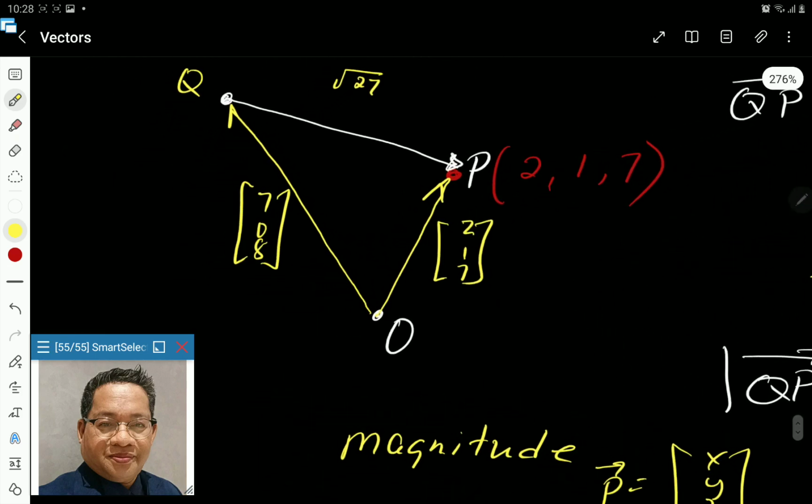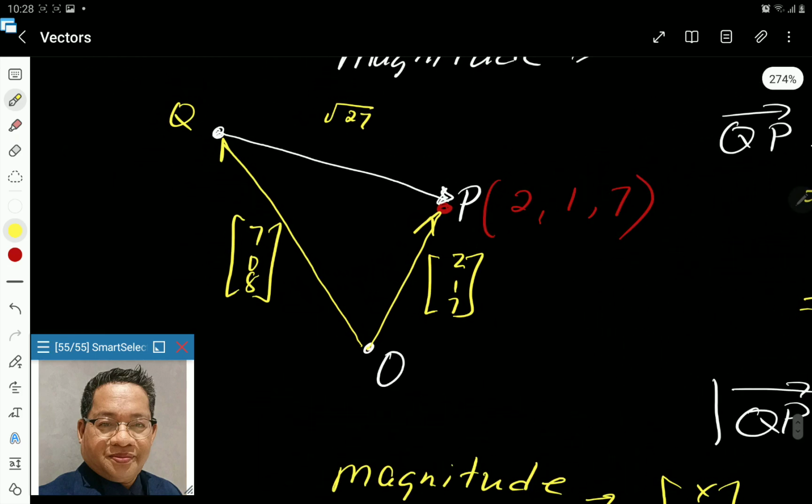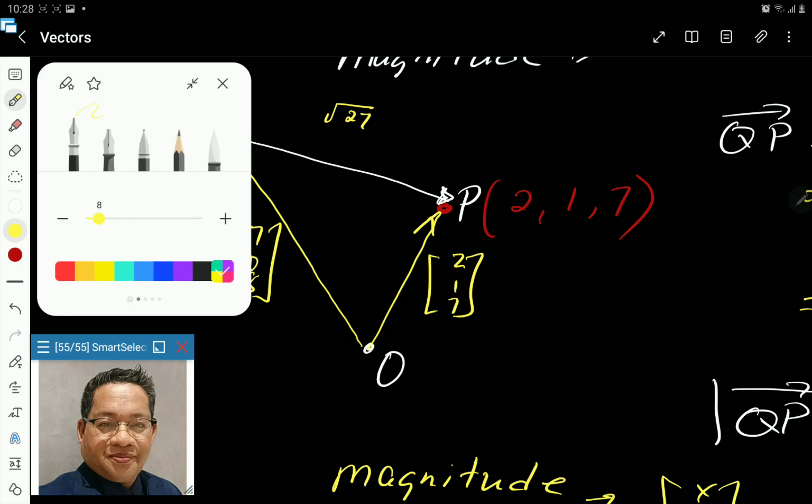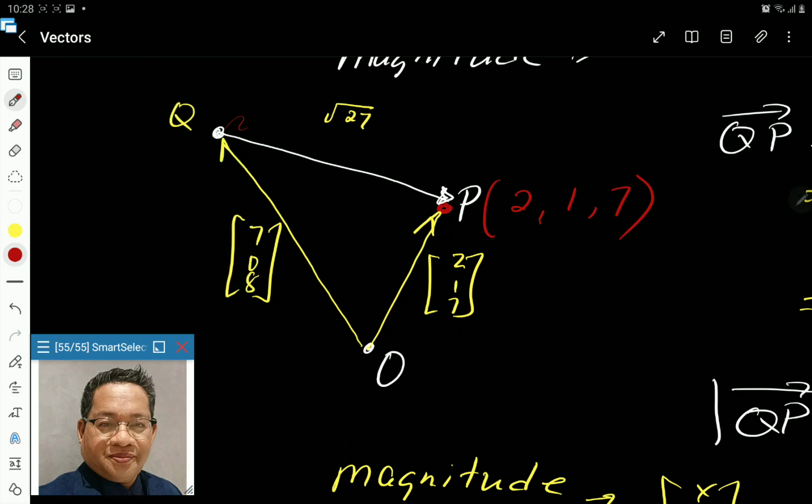When you say unit vector, we are looking for a vector that is on this direction, the same direction as QP, but with a length of 1 unit.